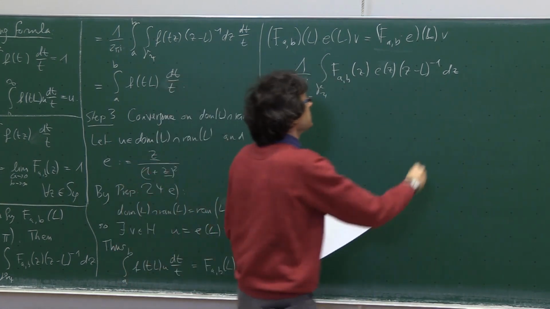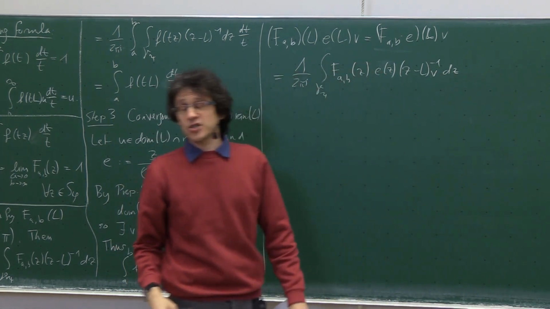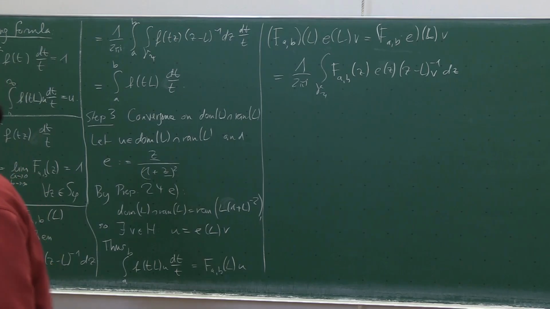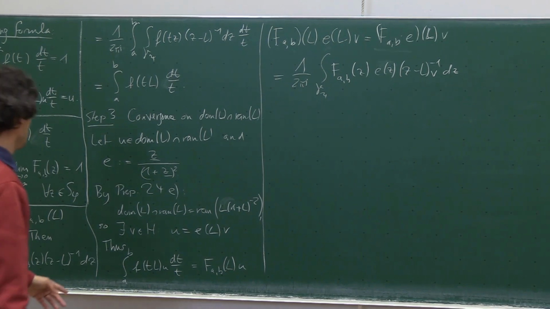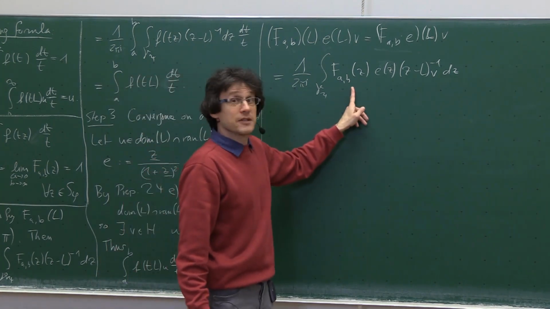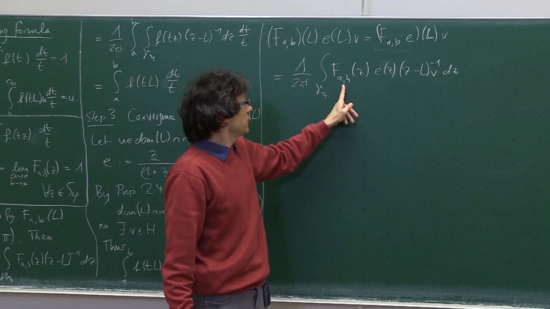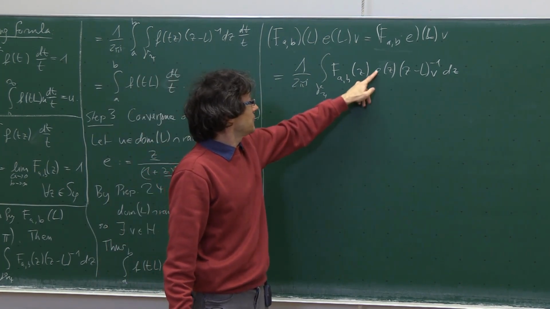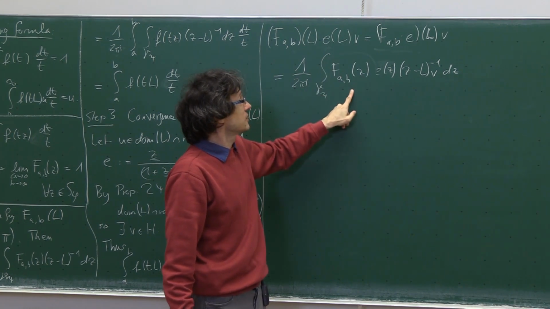The v is missing. And now your question might be, why does he introduce this e? Why doesn't he do this calculation now without the e? What is the aim? We want to do the limit a going to 0, b going to infinity. We know what happens for this function. If you do the limit a going to 0, b going to infinity with this function, this goes to constant 1.